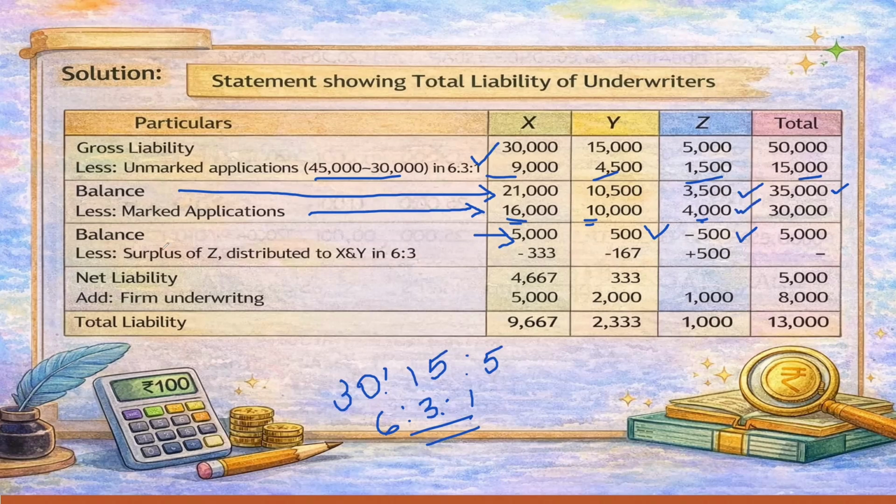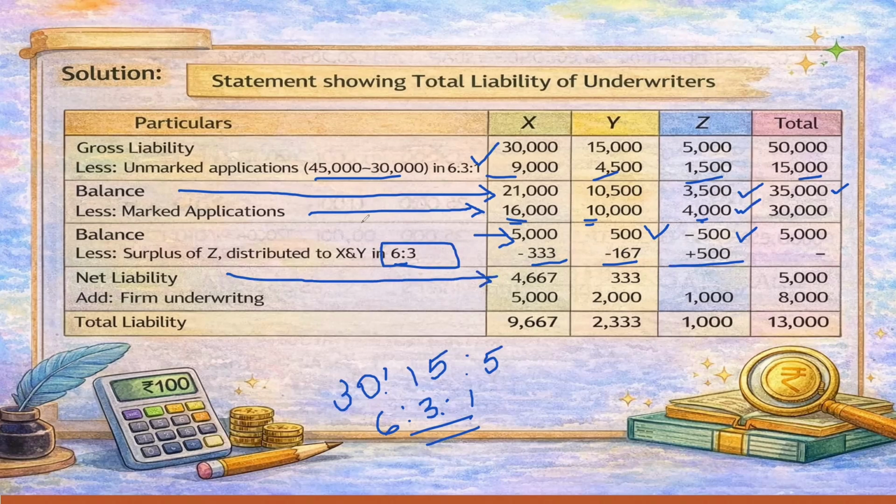Now the surplus balance, the 500 shares, we are distributing to X and Y in their gross liability ratio, that is 6:3. Then we get the net liability here.